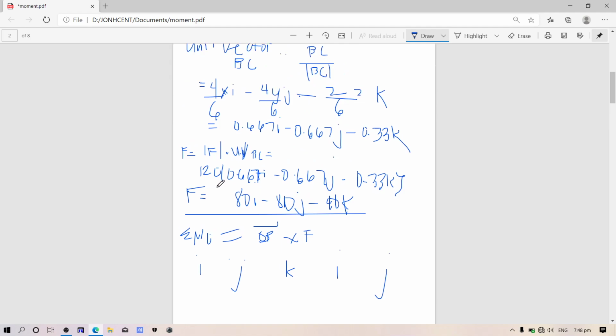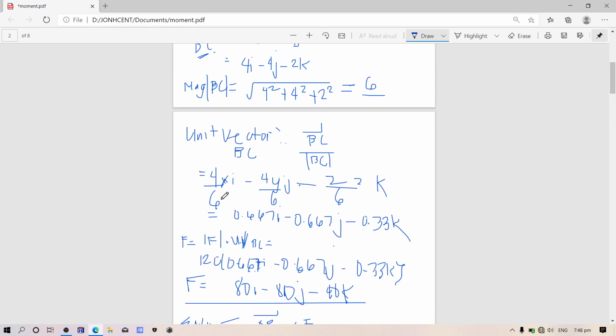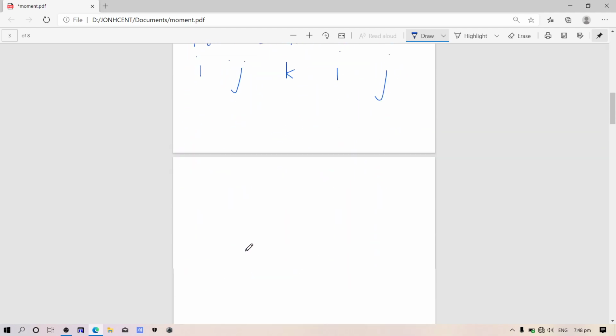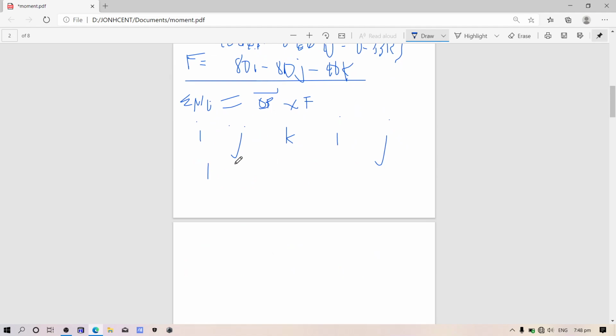We have 1, 4, 2 as your position vector for B. 1, 4, 2. Okay, 1, 4, 2. Ulitin mo lang uli si i saka si j. Okay.